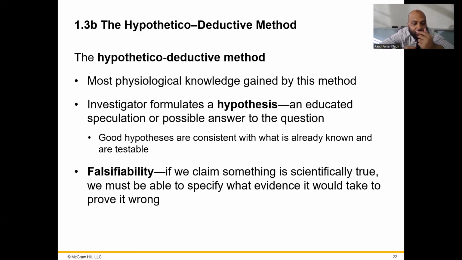Now we need to learn what falsifiability is. Falsifiability means that if we claim something is scientifically true, then we must be able to specify what evidence it would take to prove it wrong. What I believe is true, I should be able to tell what evidence it would take to prove it wrong.